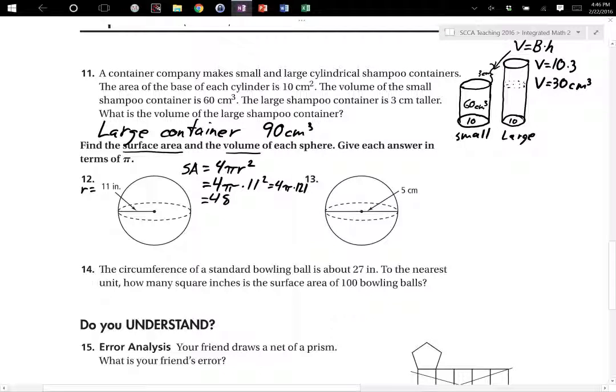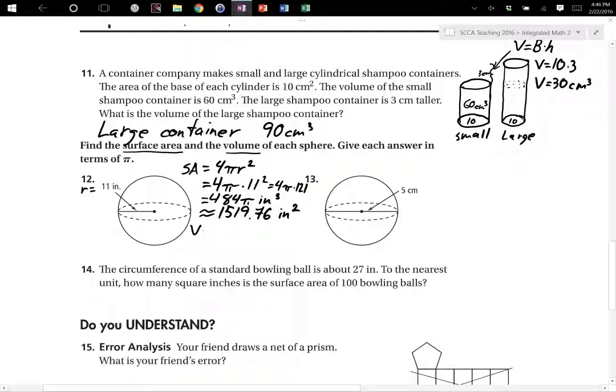So I get 484 pi inches squared. That is also approximately 1,519.76 inches squared.